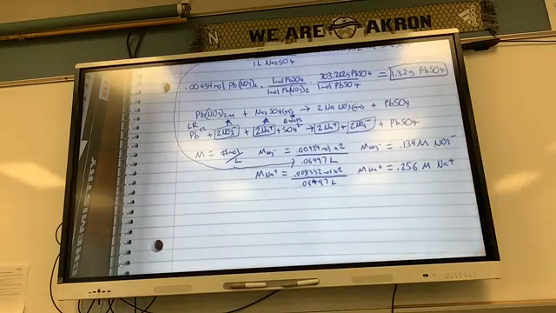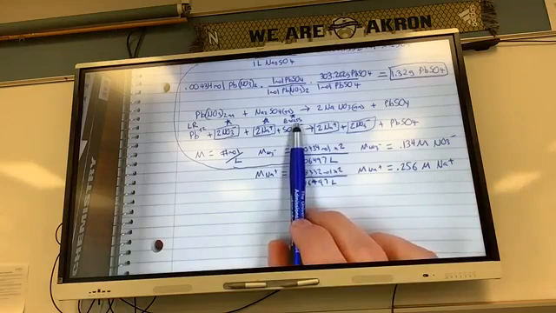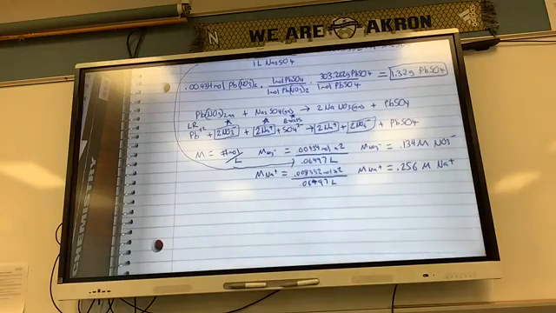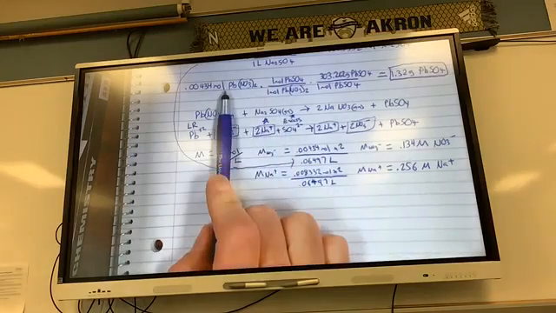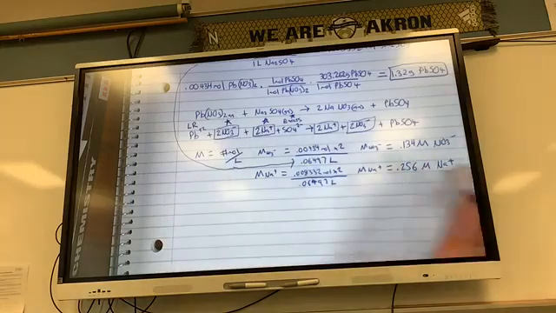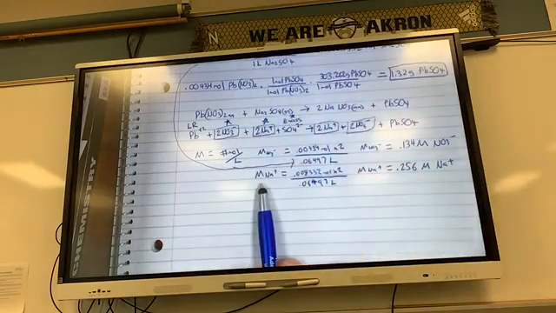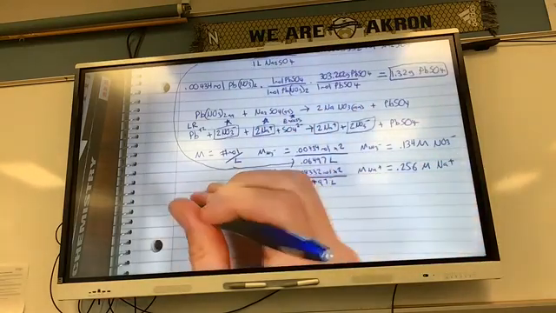I've got the 2 easy ones done. For the last one, this is excess, right? So in order to figure out excess, I'm going to have to figure out how much I actually used, just like a regular excess problem, then subtract, right? So once again, I'm going to start out with my limiting reactant. So we have one more line of stoich to do. Do you see how, if you make a mistake up in here, that could really be bad? But you guys won't do that.